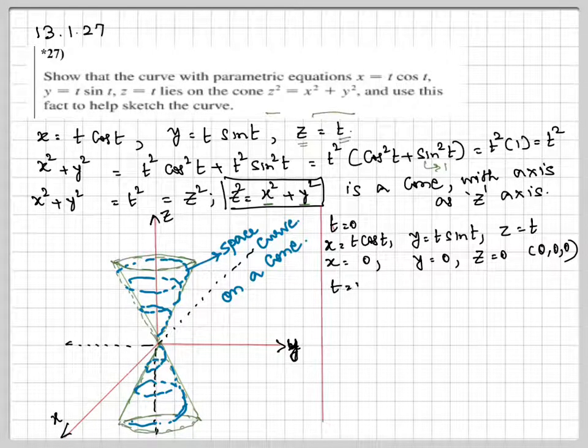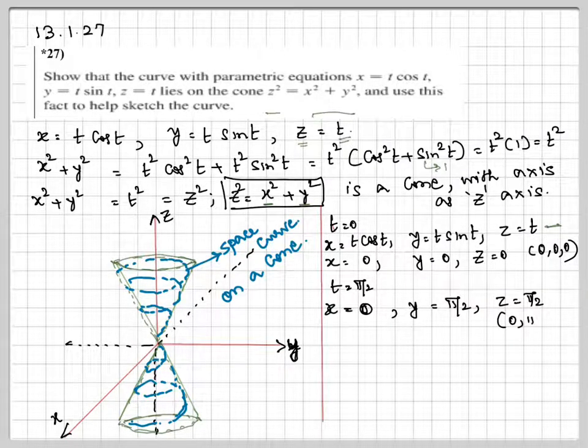So surely it passes through the origin. Let's give another value for t, t equal to pi by 2. If we substitute that value of pi by 2 into the parametric equations, we get x equal to 0, y equal to pi by 2, z equal to pi by 2 as well. So 0, pi by 2, pi by 2 is a point on the space curve.